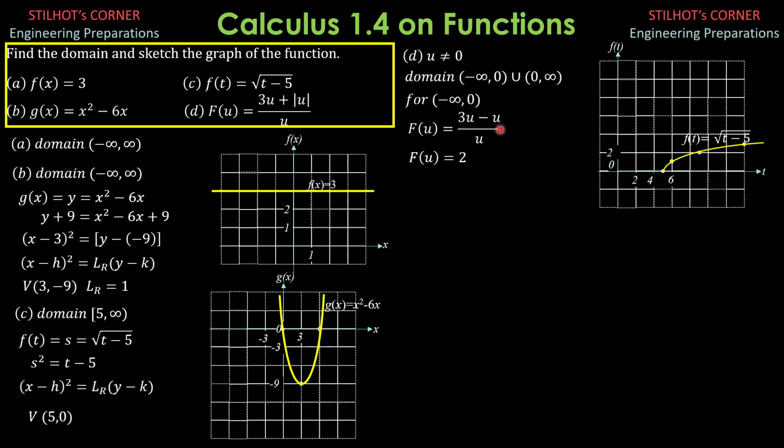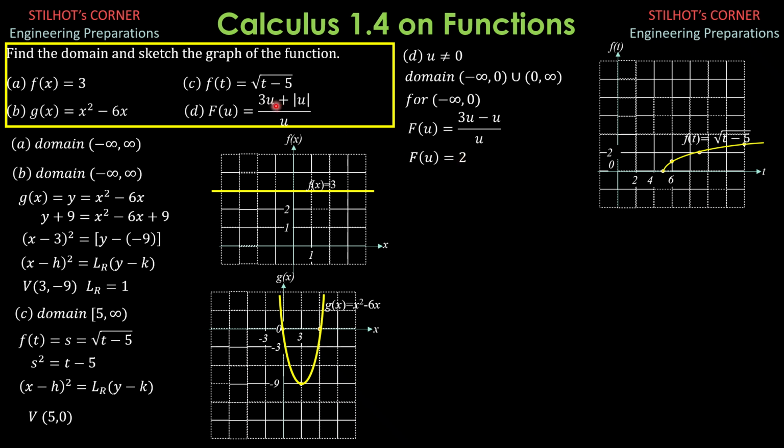So for instance, if u is negative 1, this is 3 times negative 1, negative 3, then the absolute value of negative 1 is positive 1. So negative 3 plus 1 is negative 2, over negative 1, which is positive 2. That's why it is 2.